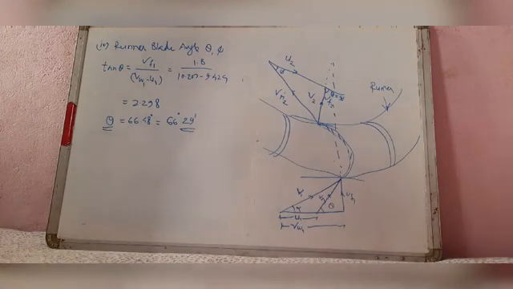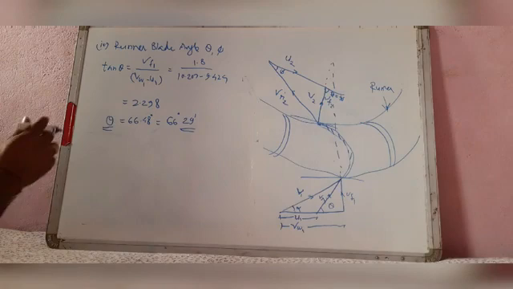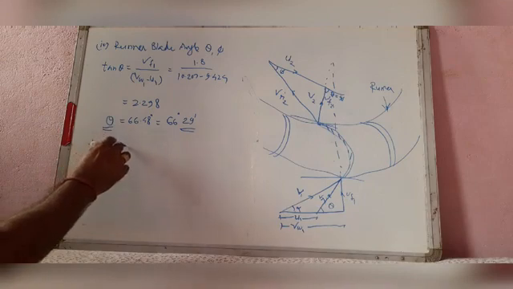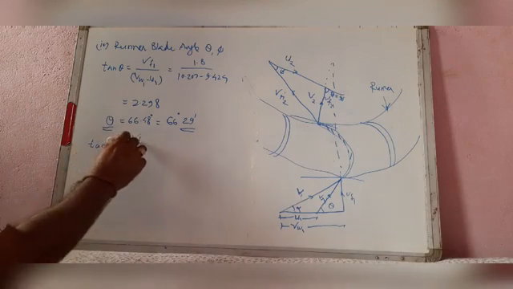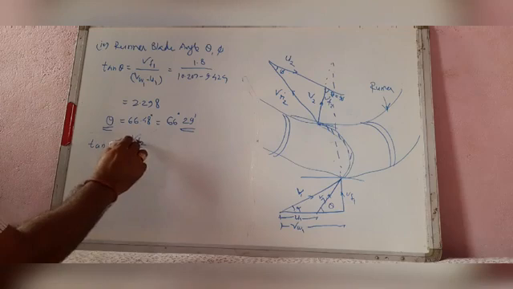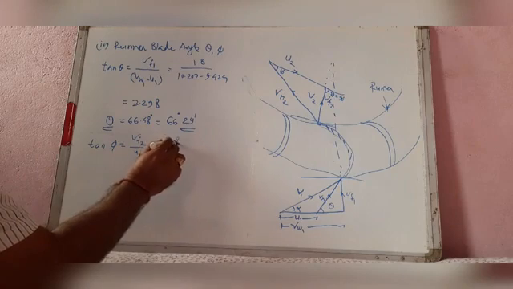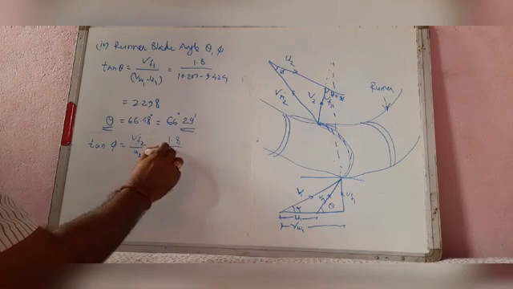For calculating the angle phi at the outlet, tan phi equal to VF2 by U2. Putting the values here, VF2 is also 1.8 and U2 is 4.712.